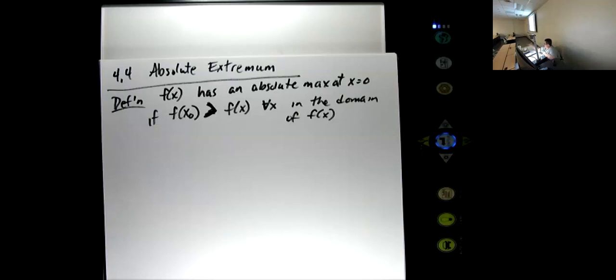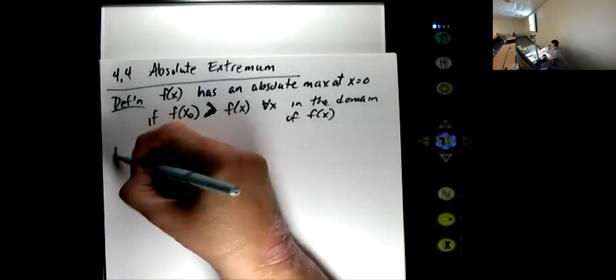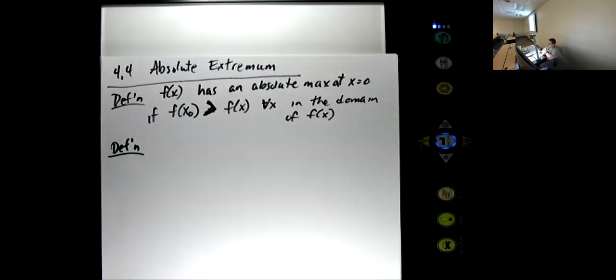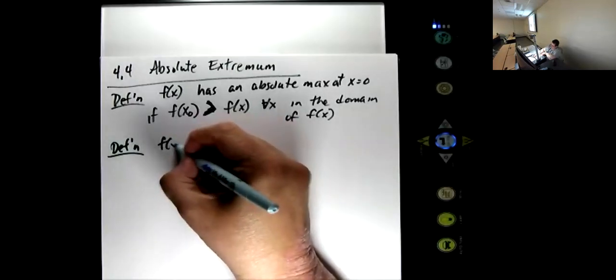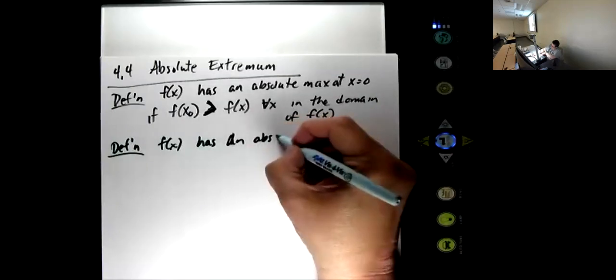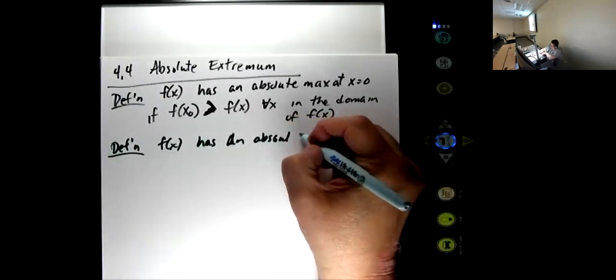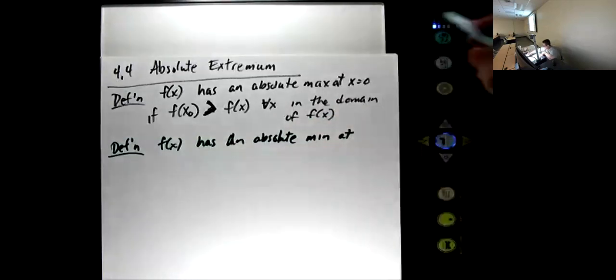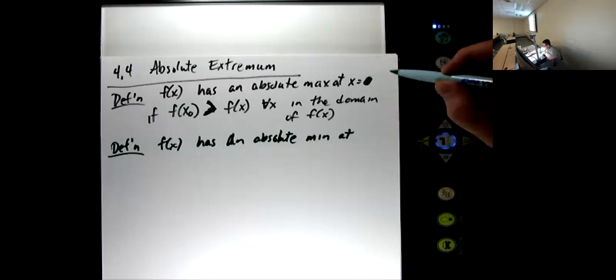Guess what absolute min says? Someone tell me the definition of absolute min. F of x has an absolute min at, I don't mean x equals 0, let's say at x equals x naught.